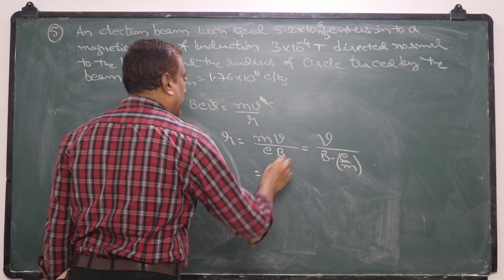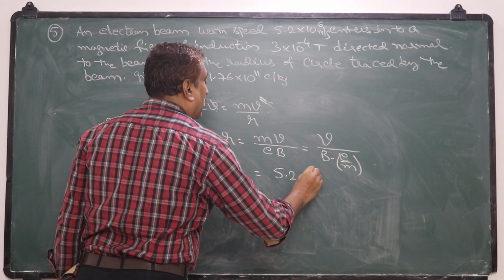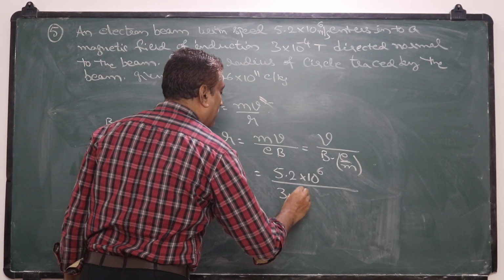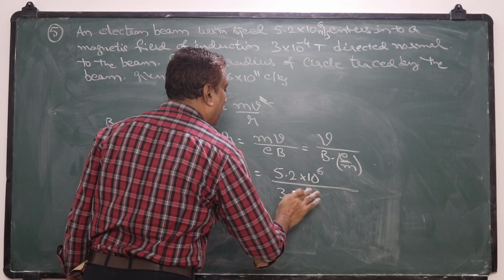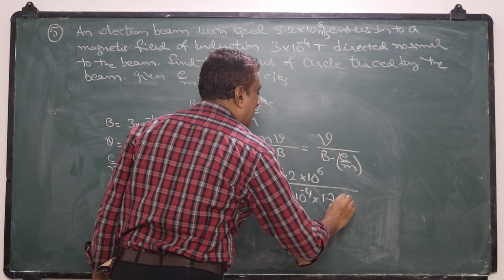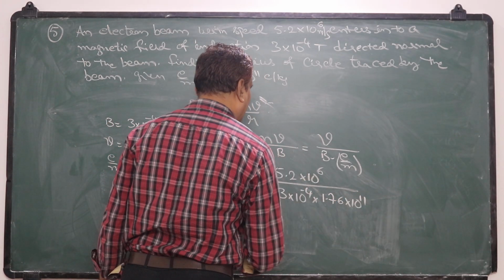So this is equal to, you can directly substitute now, 5.2 10 power 6 divided by 3 into 10 power minus 4 into 1.76 10 power 11.